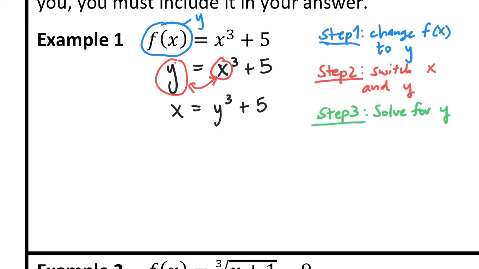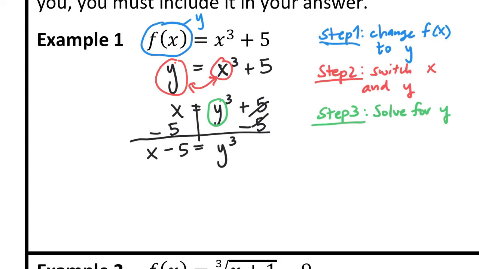Solve for y, so get y by itself. So I need to move the 5, so minus 5 cancels. I get x minus 5 equals y to the third.